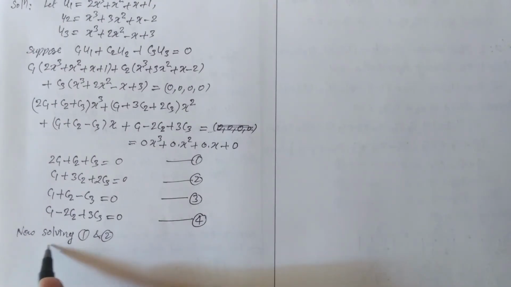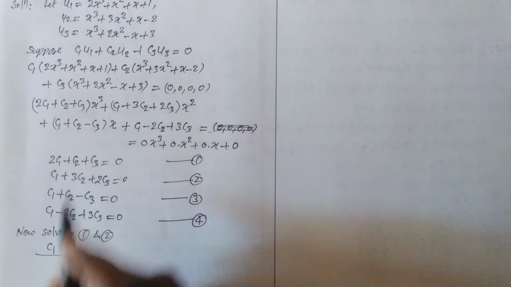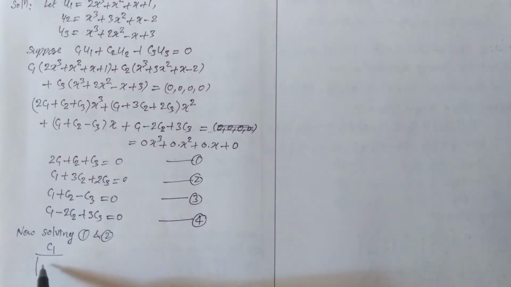So we have c1 divided by, ignore the coefficient of c1 of first two equation, so we'll have determinant of 1 1 3 2, and this equal to minus c2 divided by determinant.